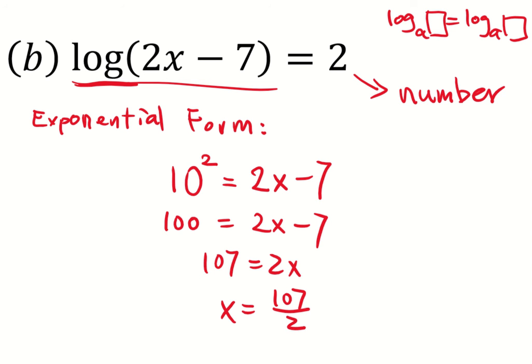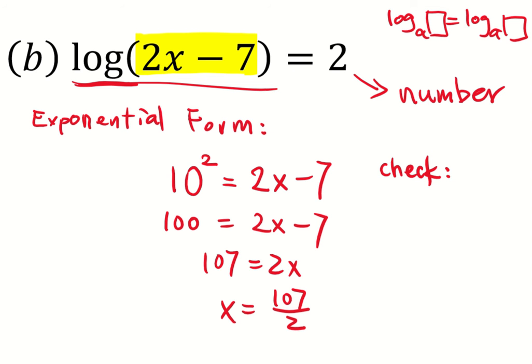Okay, since this is also a logarithmic equation, you should also check if this x is the solution. So check. So plug in 107 over 2 into the argument, which is this part, and see if our x is making that expression positive.